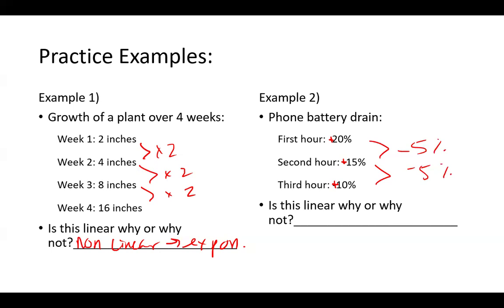Over the rate of time. So I'm losing percent. So this was actually a linear, and it's because it has a constant rate of change. All right.